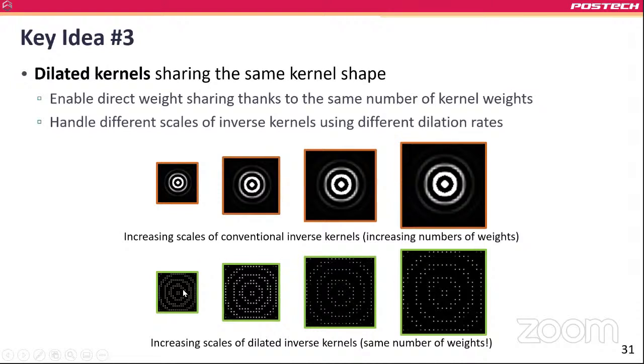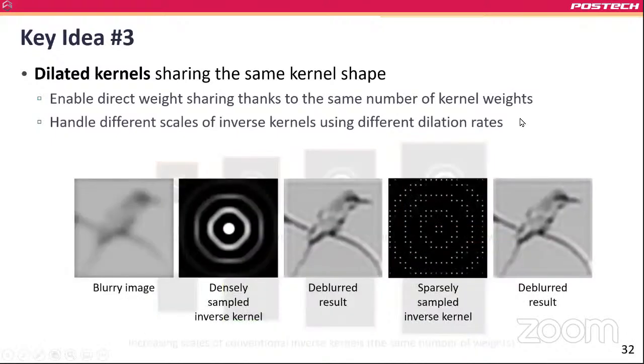That means by having this dilated corner with the same weights but different scales, we can represent the same inverse corner with different scales very easily. This example shows a sampled inverse corner with a larger scale, and this is a spatially sampled inverse corner with the same larger scale. When we apply these two to this input, we obtain very similar deblur results. That means this dilated corner is enough to deblur this given blurry input image.